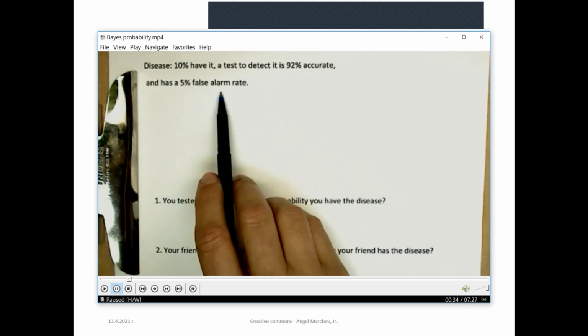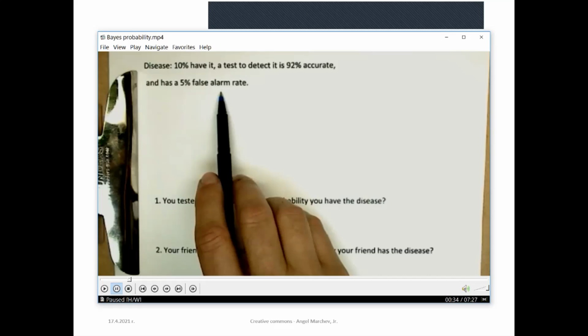And a very common misconception is that if there is a certain accuracy rate, then for example 92% or 98%, this means that the test is correct. That if you're positive, this means that 98% you have the disease.